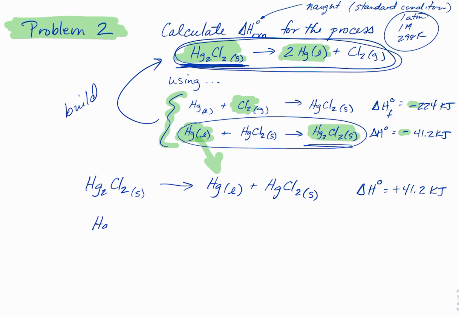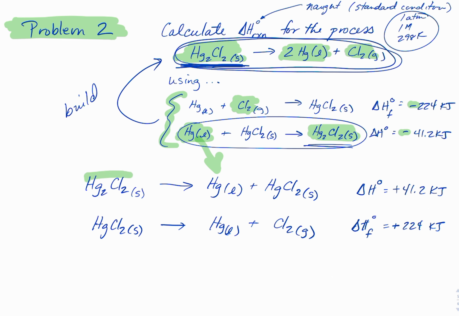HgCl2 yields Hg liquid plus Cl2 gas. My delta H naught of formation is 224 kilojoules, but make sure that it's now positive, since we're switching the sign. Now I have my chlorine in the product.